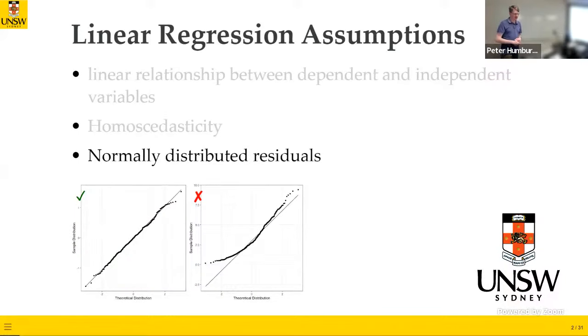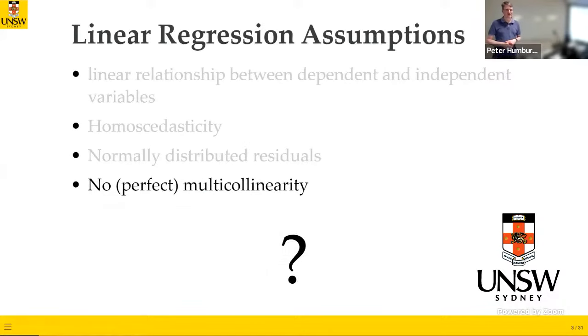We also know with linear regression, our residuals should be normally distributed, and we look at QQ plots to check those. You can similarly become quite proficient at reading those and deciding whether this looks fine or not. Well, there's this other thing with linear regression, which is that you shouldn't really have multicollinearity.